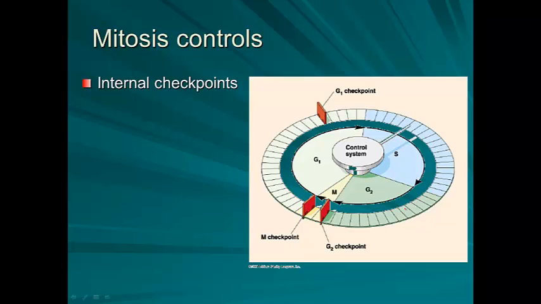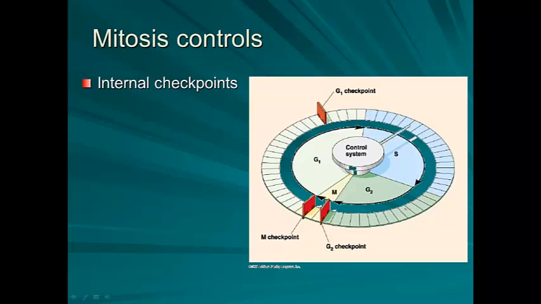Your cells, first of all, have to sort of realize, I'm going to use that language, what kind of cell they are and undergo mitosis at an appropriate rate. Okay, so again, your skin cells divide faster than your nerve cells do, right? And so that is controlled by checkpoints that are in each of your different cells.